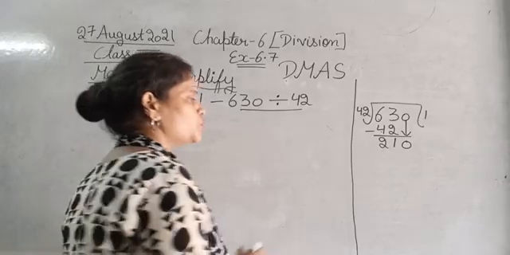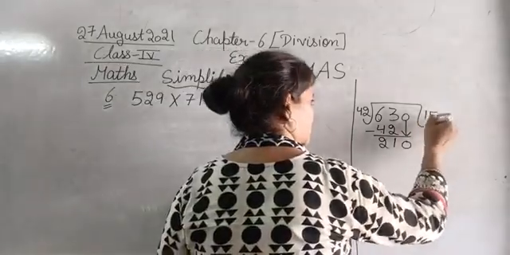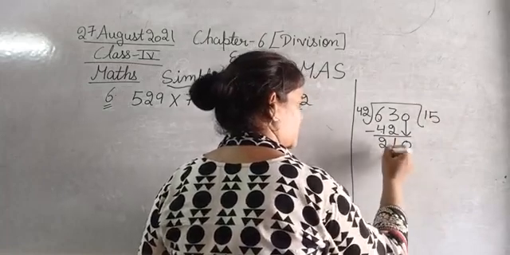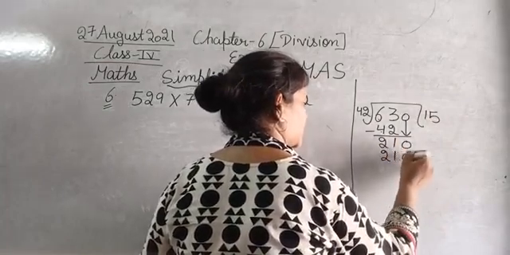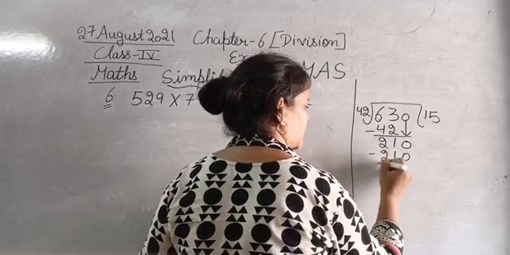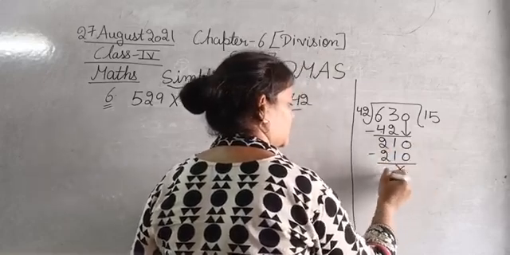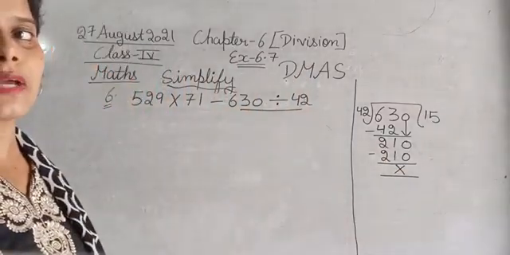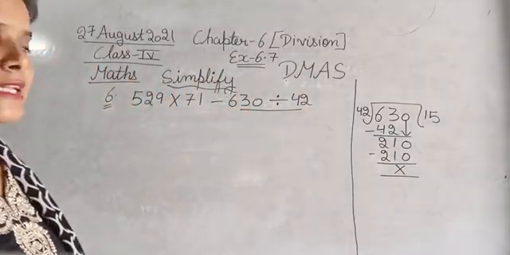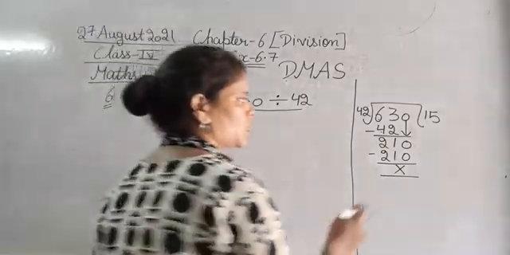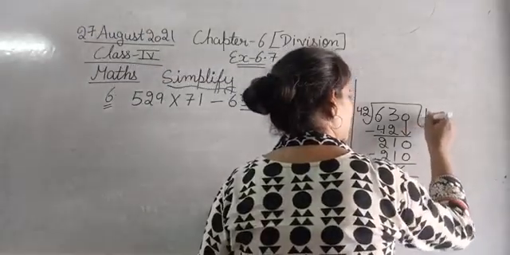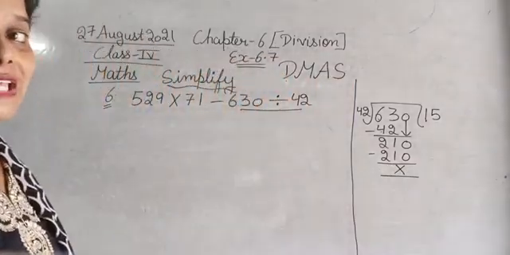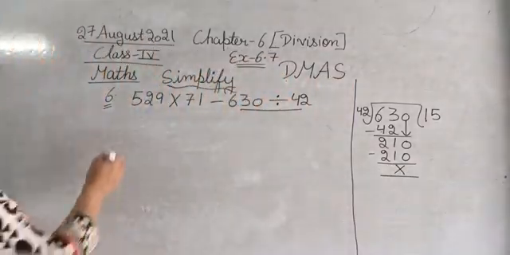So 42 5s are 210. So 210 minus 210, nothing is left. So in the quotient we got 15. What do we have in the question? 15. We got 15.